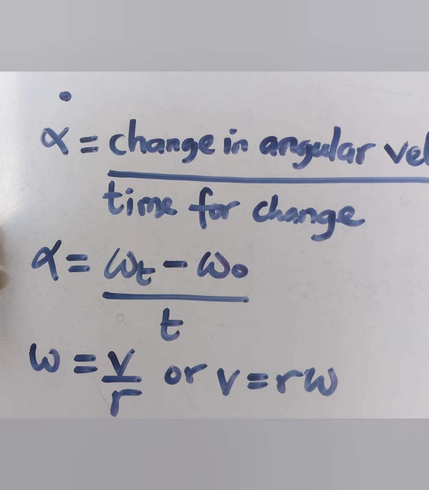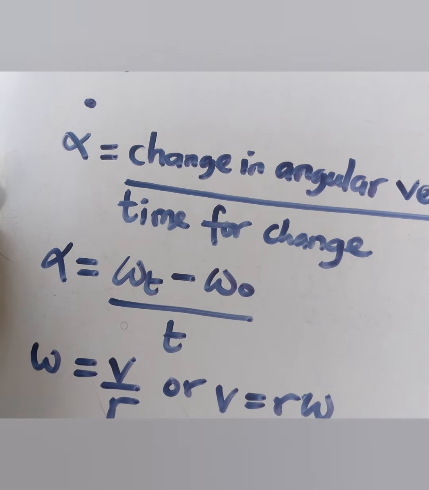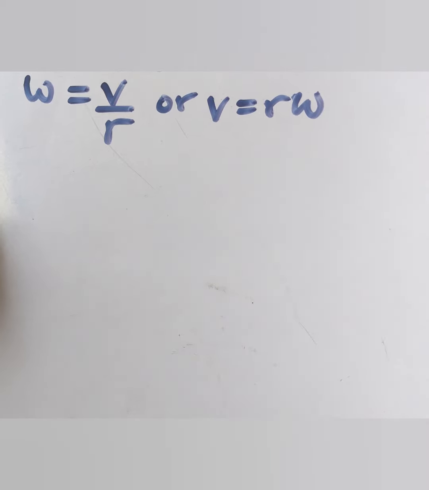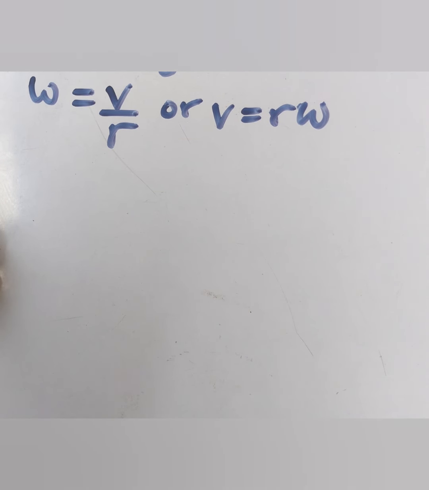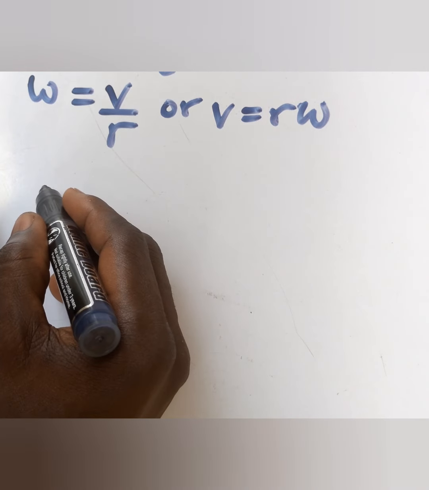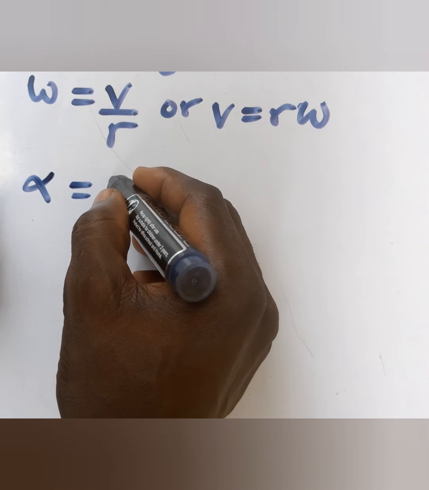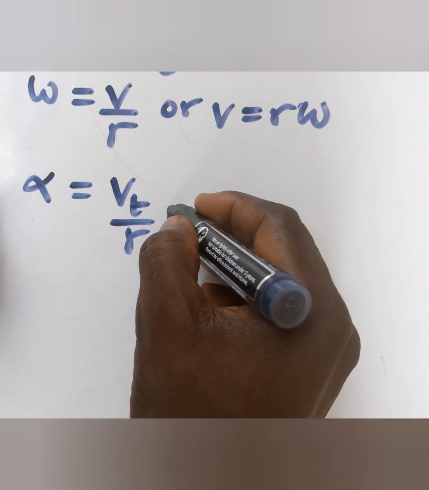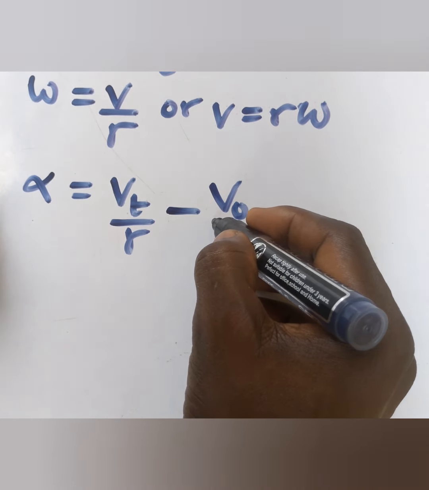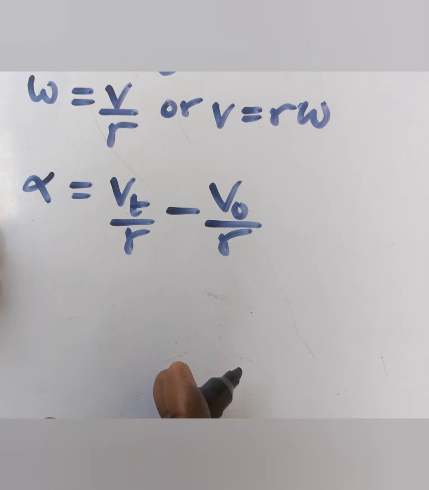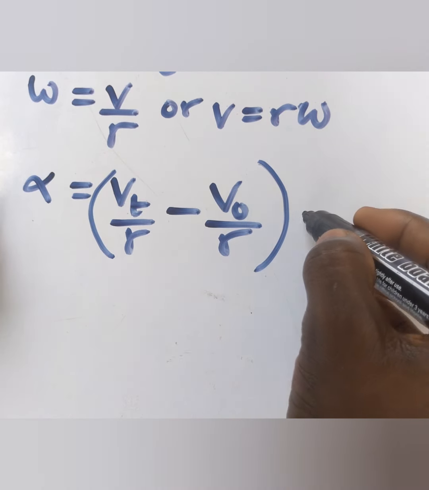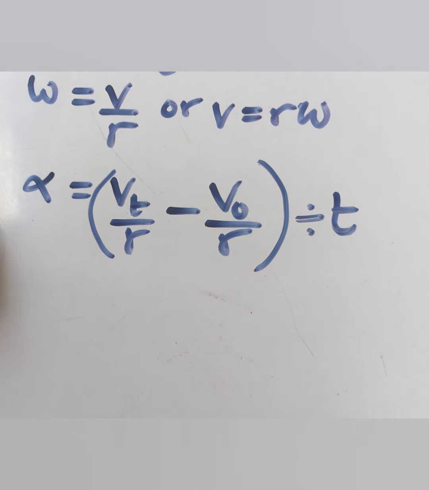From this we can write that angular acceleration is equal to v divided by r, minus v naught divided by r, all divided by t.